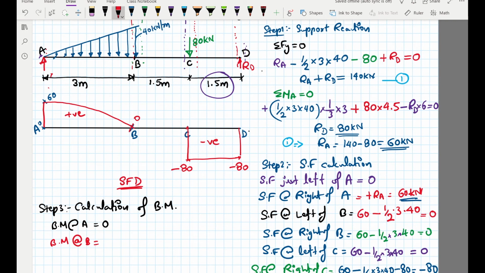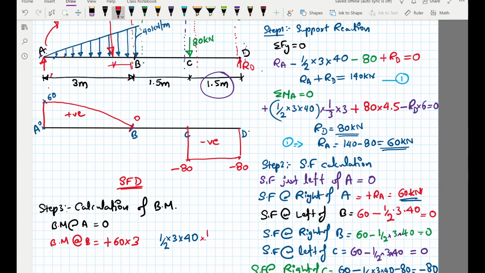If I apply RA about B, it is going to rotate in clockwise direction. Therefore, plus RA value is 60 into distance from B, that is 3 meter. So UVL, if I convert that into point load, that will be half into base is 3 meter, height is 40. That is going to act somewhere here, which is acting downward at a distance of 1/3 of the base.